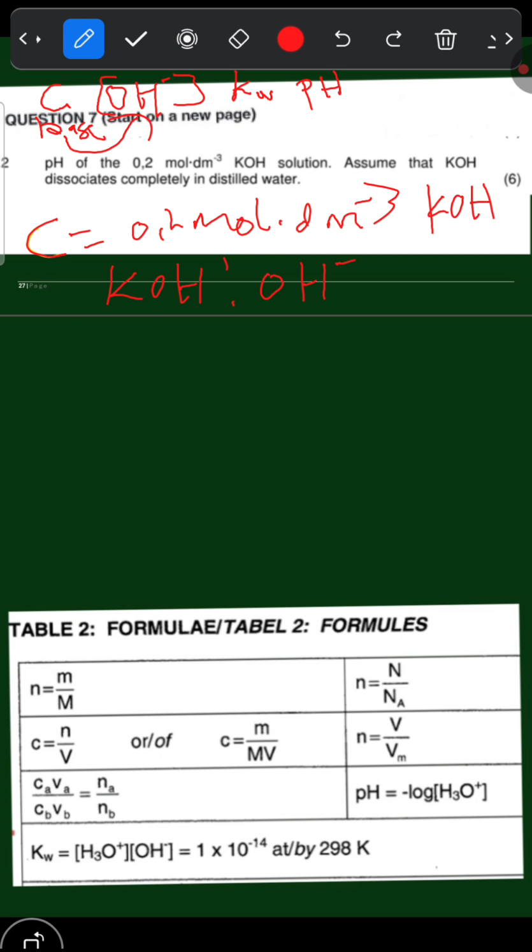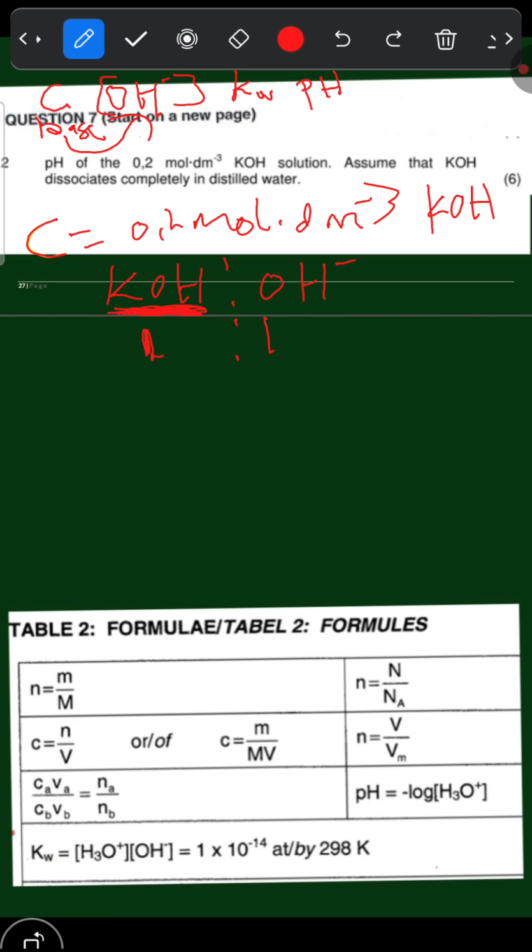Now you must ask yourself, this is one base. In one base, how many OH do we have? How many OH do we have inside this? We only have one OH, right?